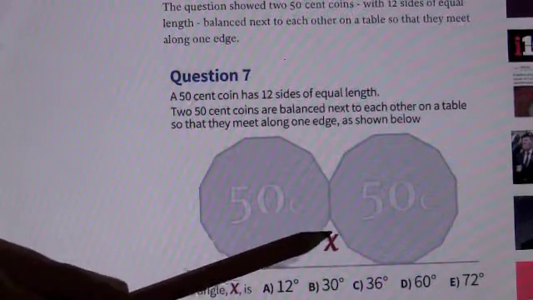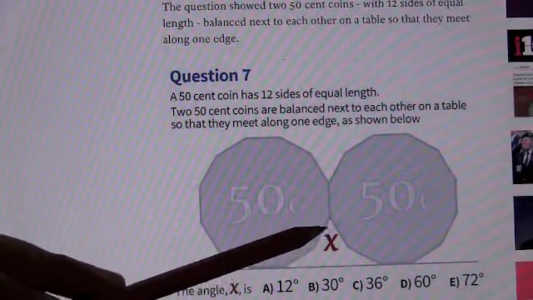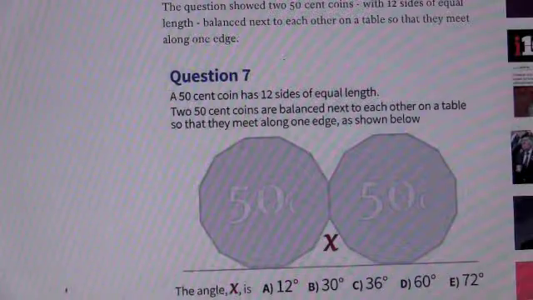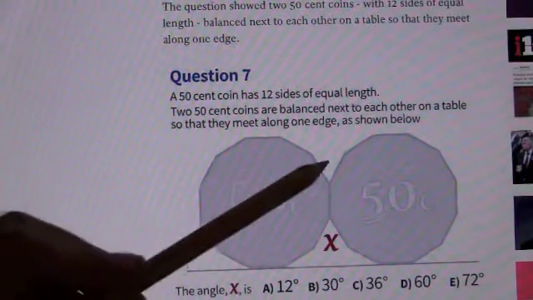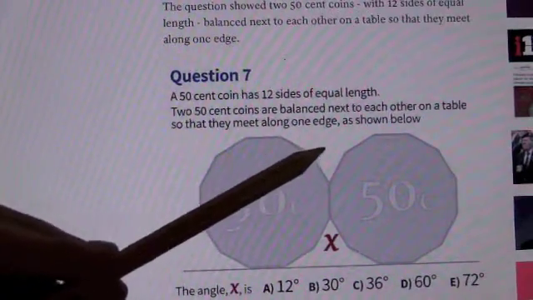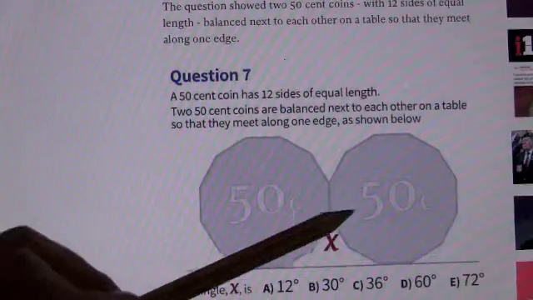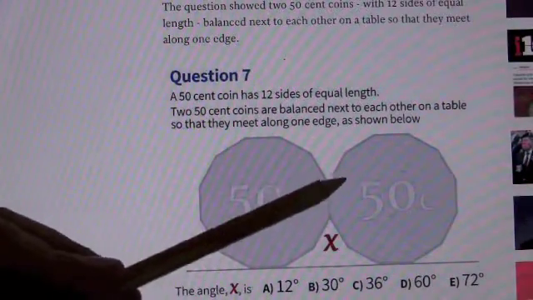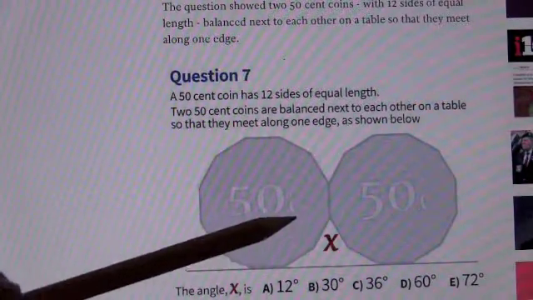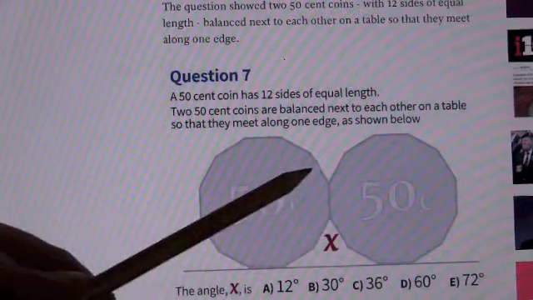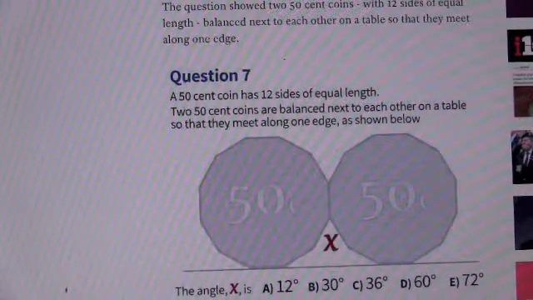So how much would the angle between them be? If you look at this circle, this angle is also X because of symmetry. If you drew a circle around here, you'd have 450 degrees, but that wouldn't work.